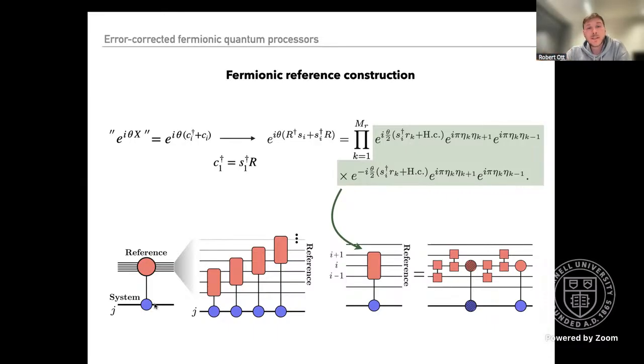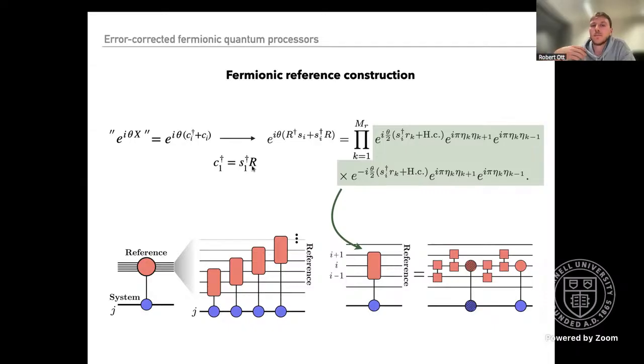And the reason is, I said earlier, this R is a many-body operator, and what it does is it annihilates the last fermion in this range of reference modes. It's occupied to a certain point, and the R operator should annihilate the last fermion that is occupied. So in a sense, this R operator is searching for the domain wall of this system.